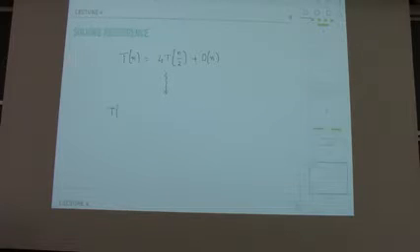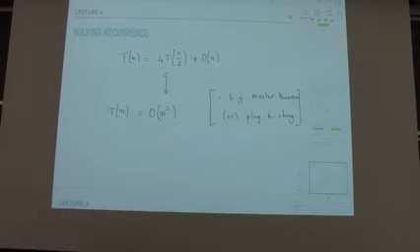You end up with T of n equals something like n squared, so O of n squared. That's the solution to this recurrence. There are many ways of seeing it, one of which is the master theorem, or you just do the calculation. A little bit of calculation and you'll see that it is n squared.